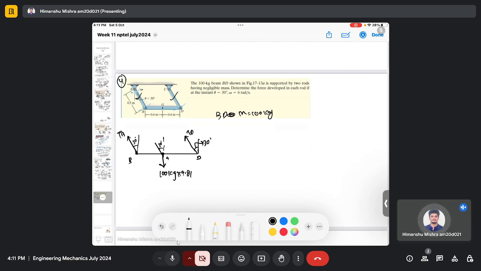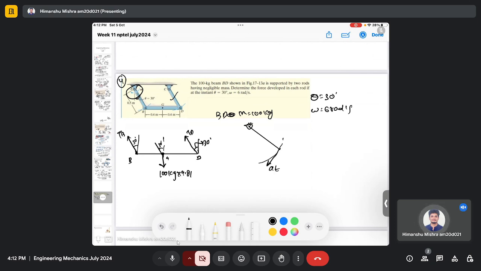And if I consider the rod here, we need to determine the force in the rod at the instant when theta equals 30 and omega is 6 rad per second, which means this rod has some angular velocity given by this. The direction is already given in the figure, which means if this is my curve, it is rotating here.